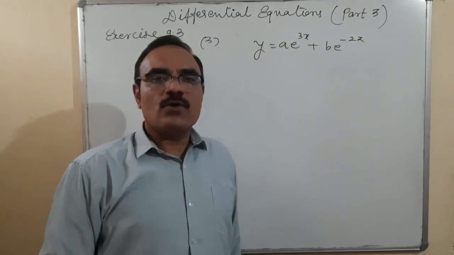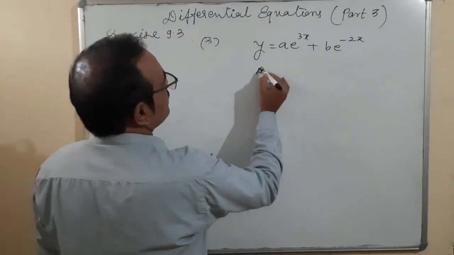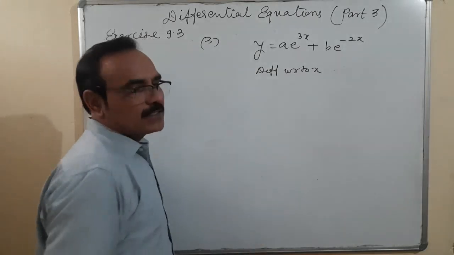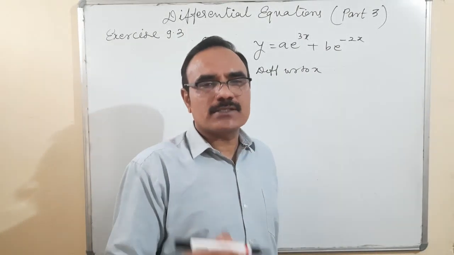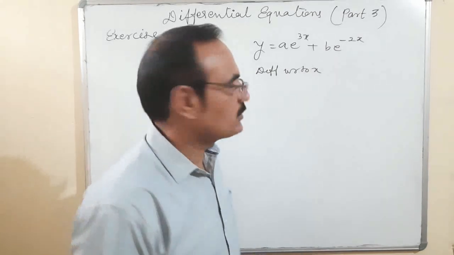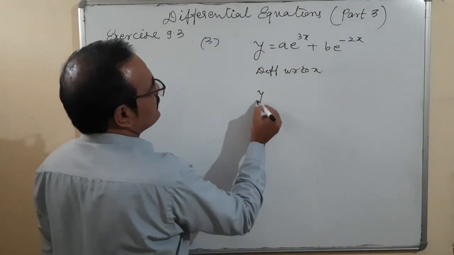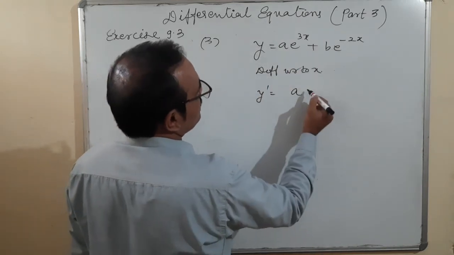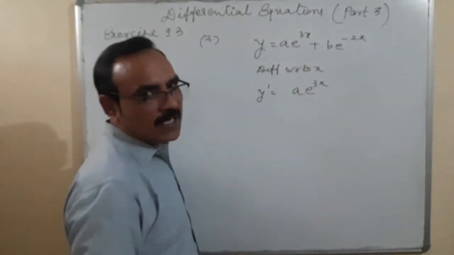So here we are allowed to differentiate two times. Differentiate with respect to x. Now the differentiation dy by dx, I'll use the term y dash, and d square y by dx square y double dash. So differentiate with respect to x. y dash is equal to a, the differentiation of e to the power 3x, and this again differentiate by 3x.